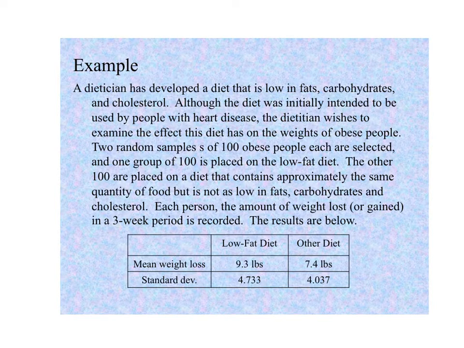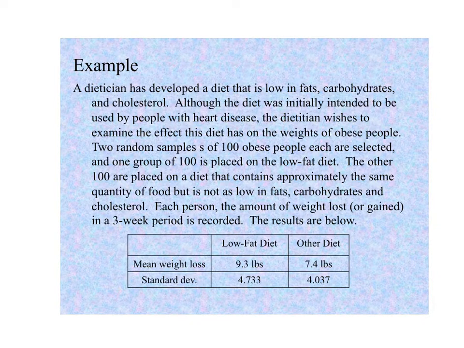So it says, a dietitian has developed a diet that is low in fats, carbohydrates, and cholesterol. Although the diet was initially intended to be used by people with heart disease, the dietitian wishes to examine the effect this diet has on the weights of obese people. Two random samples of 100 obese people each are selected, and one group of 100 is placed on the low-fat diet.